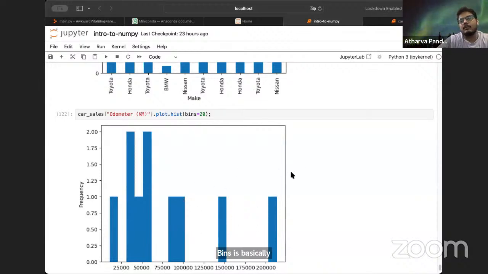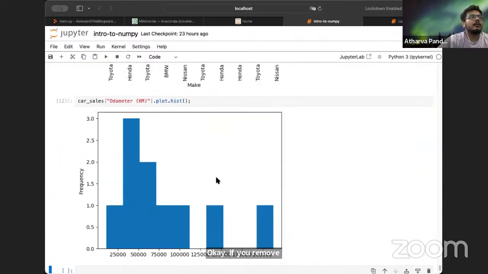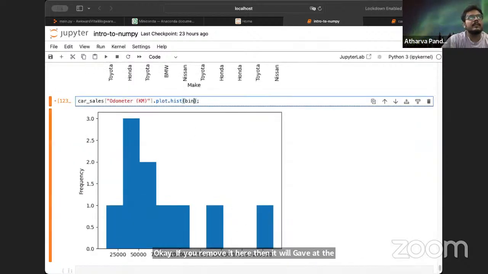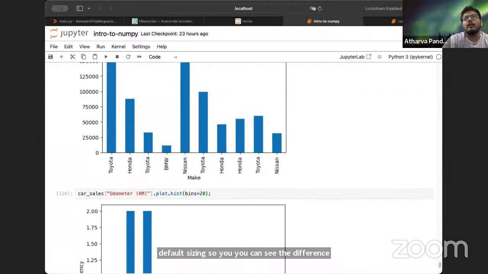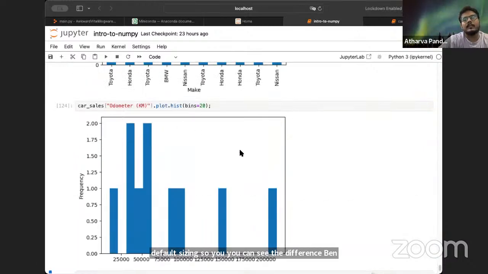That's it. If you remove it here, then it will give the default sizing. So you can see the difference. You see, sizing differs. That's what the bins is.